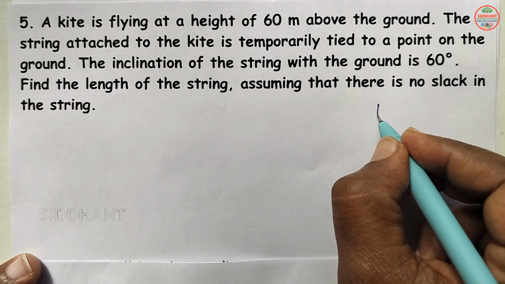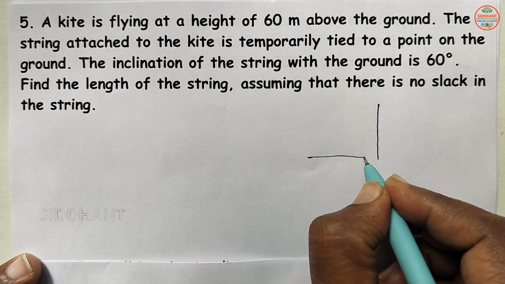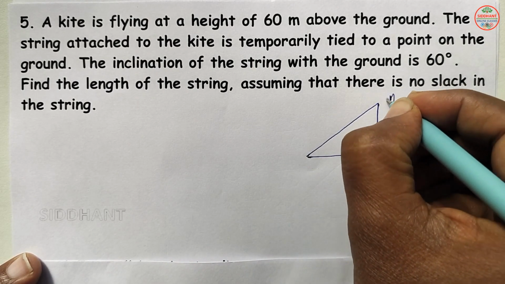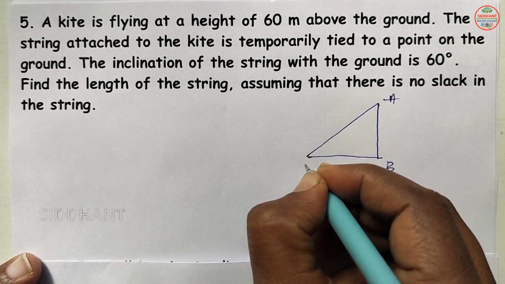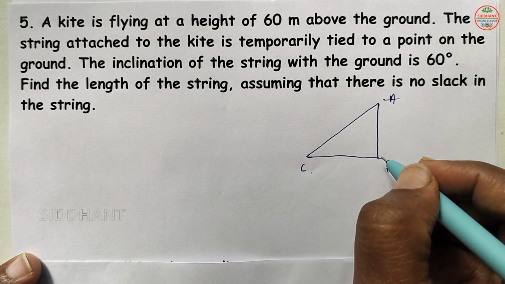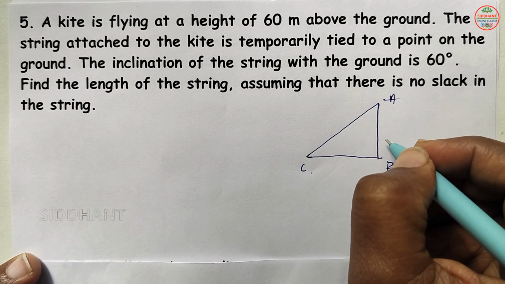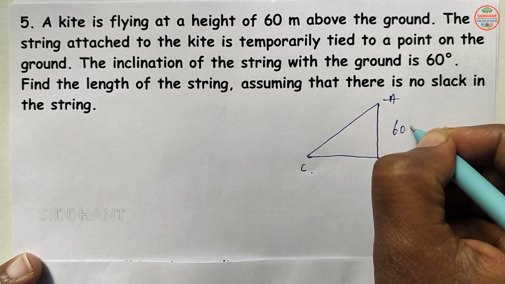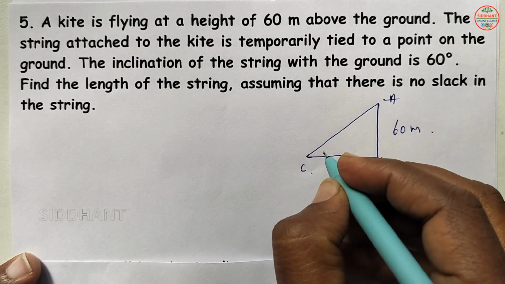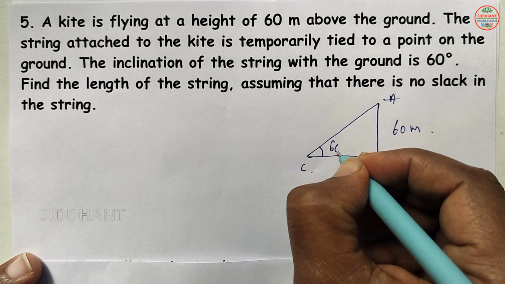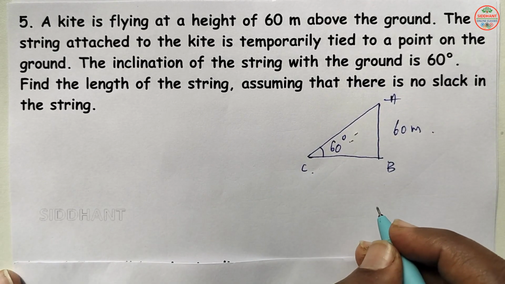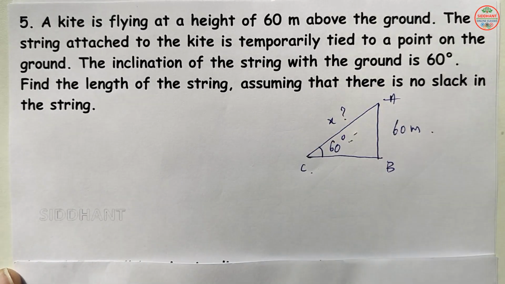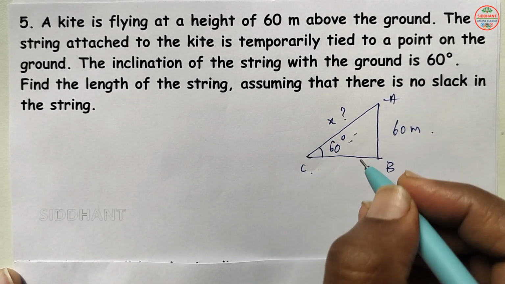So here given, let it be A, B, C. The given data: height of the kite from the ground is 60 meters, and the angle formed is 60 degrees, and we are going to find out AC, the length of the string.